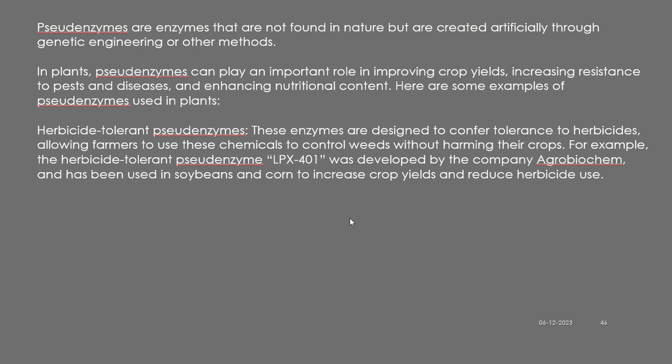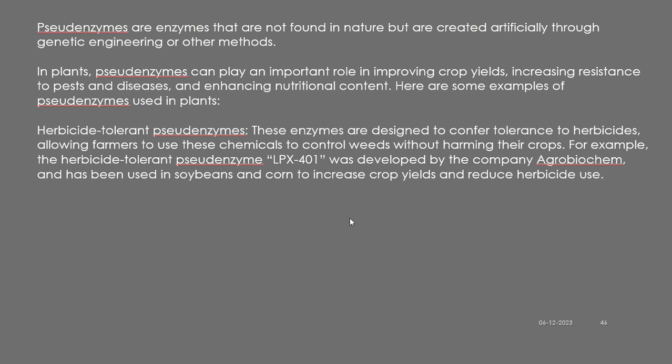One of the greatest examples is the herbicide tolerant plant, which you can produce with genetic engineering. Nowadays the market has certain such plants too. These enzymes are designed to confer tolerance to herbicide, allowing farmers to use these chemicals to control weeds without harming their crops.